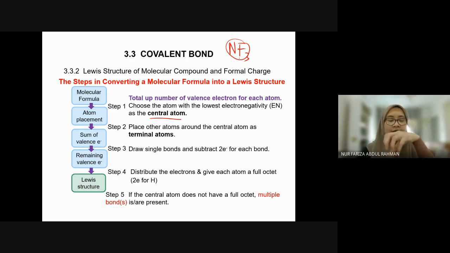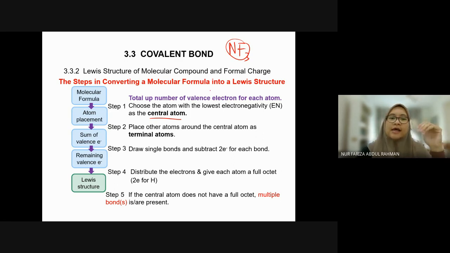So we will choose based on electronegativity. So remember electronegativity in topic 2, dia punya trend dia across the period, the electronegativity increases. Okay? So in order to become central atom, the atom should have lower electronegativity. We go for lower electronegativity.